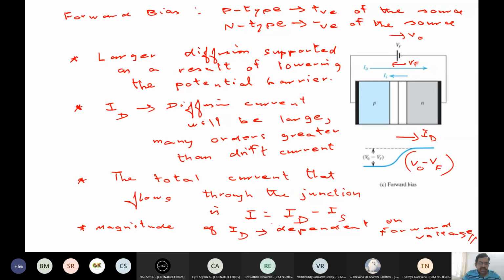Under equilibrium, we summed it up, and then I discussed the PN junction under reverse bias, where the barrier is increasing, hindering the diffusion greatly, therefore ID tends to zero. In case of forward bias, the diffusion is greatly supported by the lowering of the potential barrier, and the total current comes predominantly from the diffusion current itself, because Is is extremely small, and ID is dependent on the forward voltage. We will see the current-voltage characteristics in the subsequent classes.